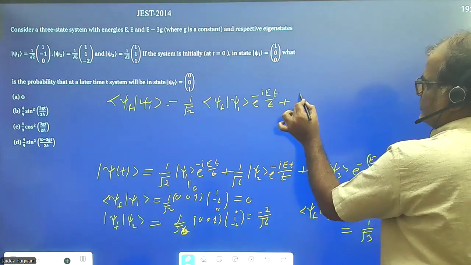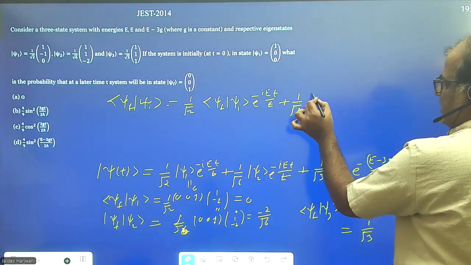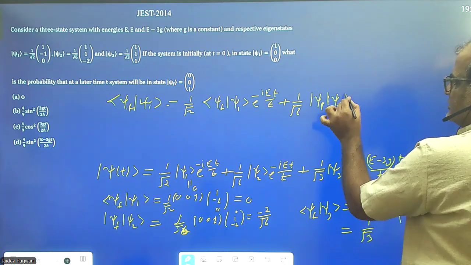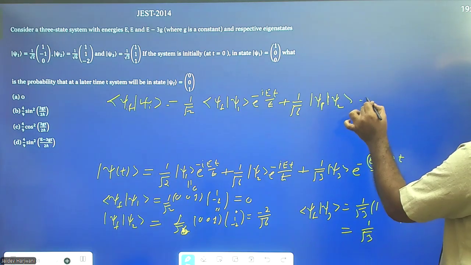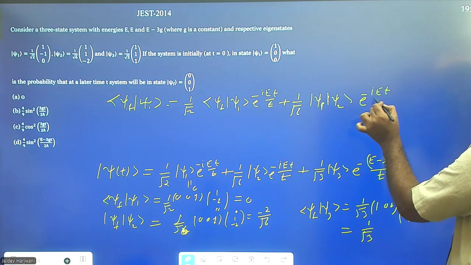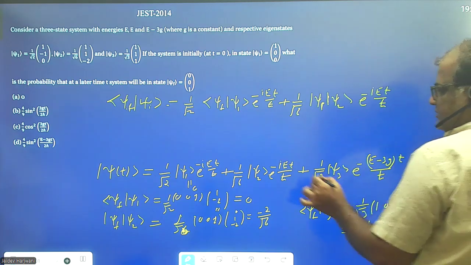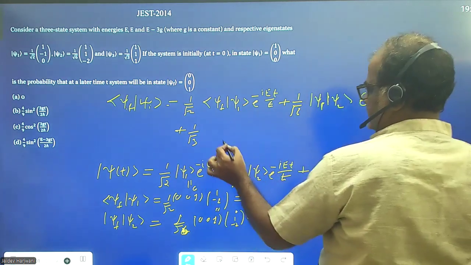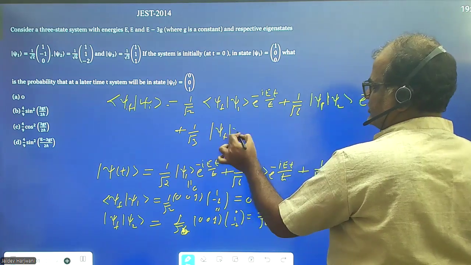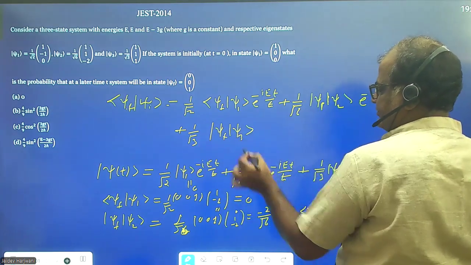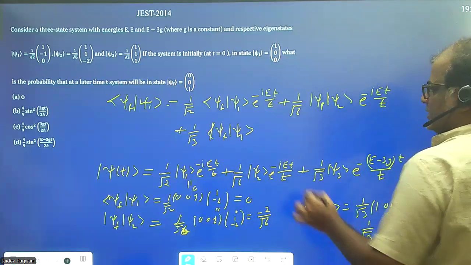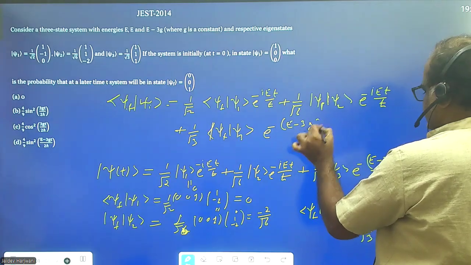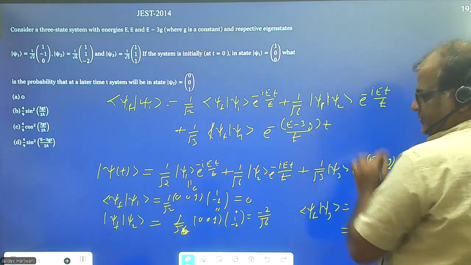Then you have 1 by root 6 psi f, projection of psi 2 on psi f, e power minus iota E t h cut. And the last term is 1 by root 3 psi f, projection of psi 3 onto psi f, e power minus E minus 3g upon h cut t.